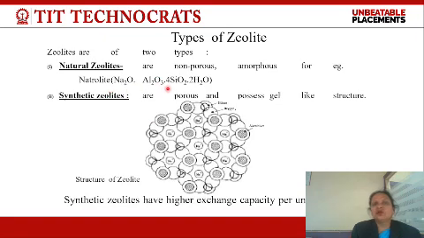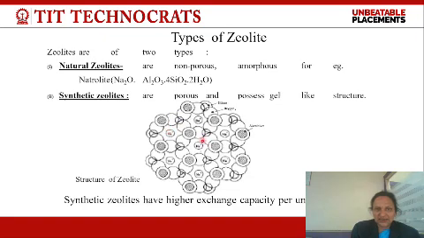You can see here only the silicon and water amounts differ and the whole formula is the same as the normal zeolite. Synthetic zeolites are zeolites which can be prepared in the laboratory, or we can modify zeolites in the laboratory according to our requirement. These zeolites are porous and possess a gel-like structure.